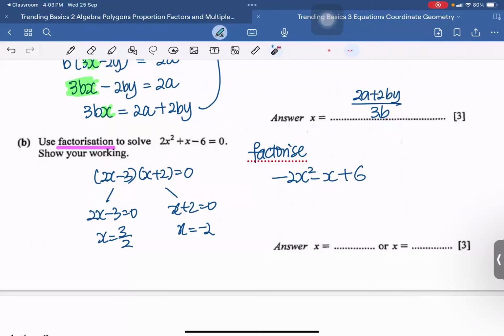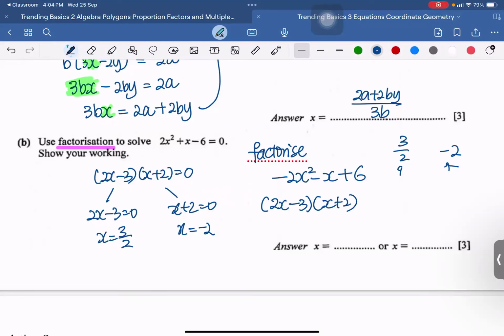Does your calculator also still give you 3/2 and -2 as the answer? Yes or no? Did you all try your calculator? Your calculator will still give you this answer, if you are used to using mode 522 to give you the answer.